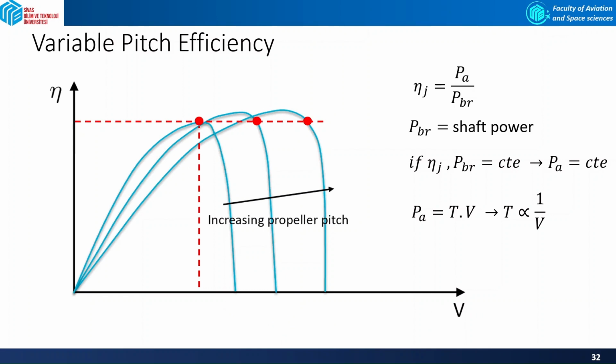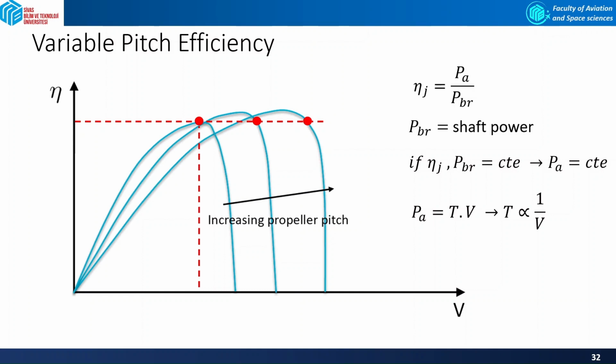However, if you draw the same graph for various propeller pitch settings, you can see that the optimum value will be shifted. Because of this, it's possible to select the maximum efficiency at each flight speed by changing the propeller pitch.